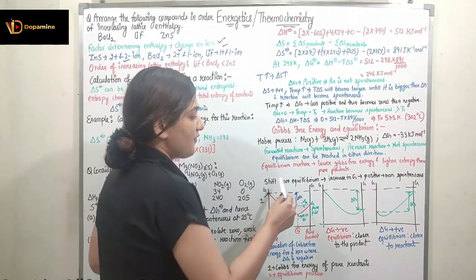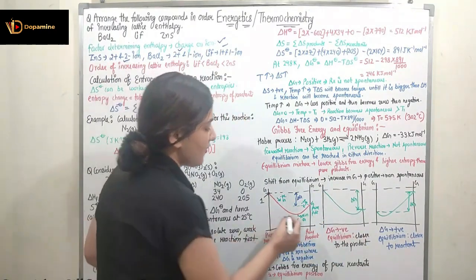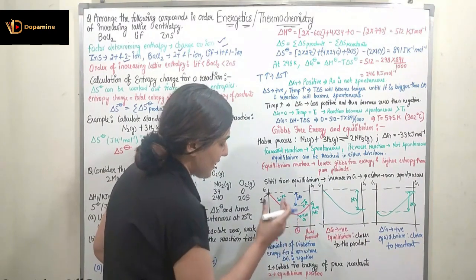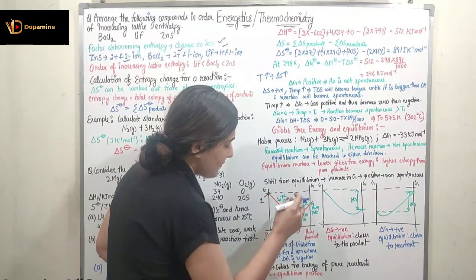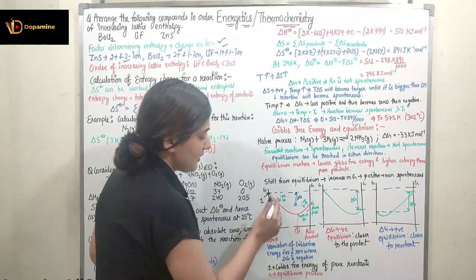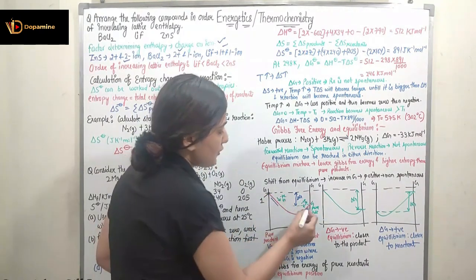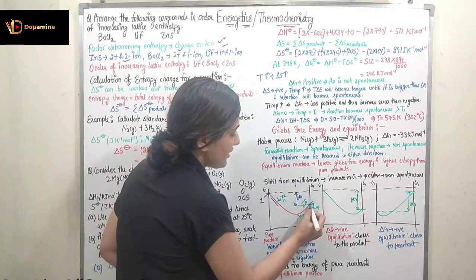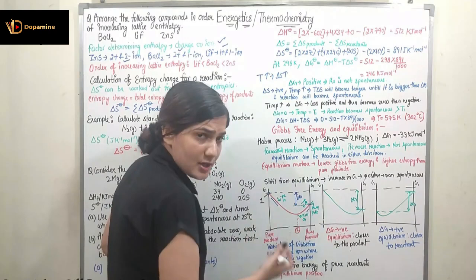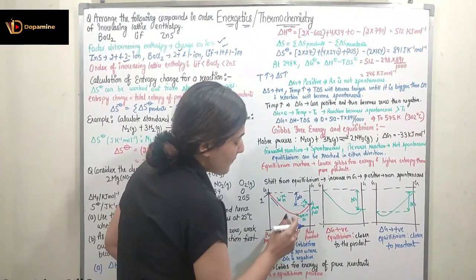If it shifts from the equilibrium, there is an increase in G, right? So as I shift from the equilibrium condition, this is the graph which shows the variation of Gibbs free energy, delta G, for a reaction where delta G is negative. In both directions you can see delta G is negative. This is the pure reactant, this is the pure product, right? This is the G for pure product, this is the G for pure reactant, this is the delta G for the formation of product, and this is the minimum G, that is for the equilibrium, right?